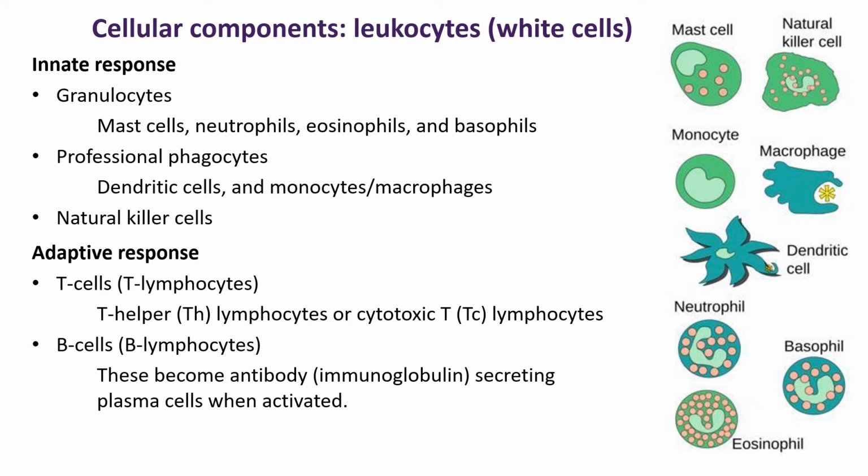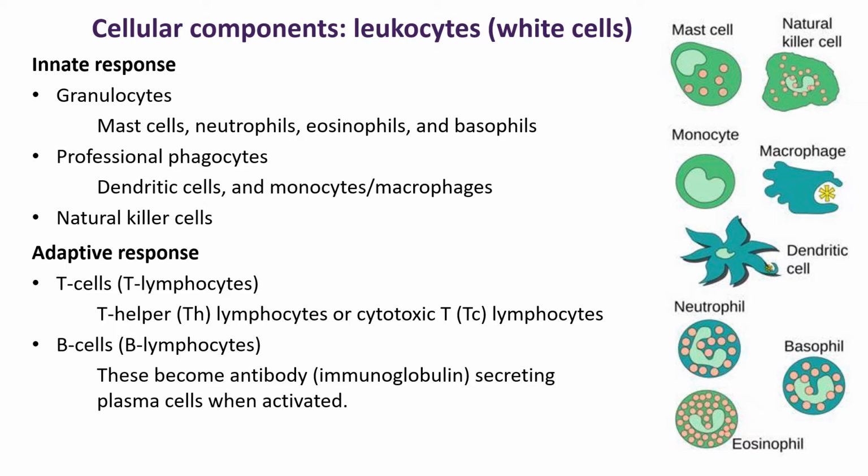In the adaptive response, we also have B cells. Now, in terms of the adaptive response, often the T cells are thought of as the cellular component, and the B cells are thought of as the humoral component, the chemical component. And this is because once they're activated, they differentiate, they change, and they become plasma cells.